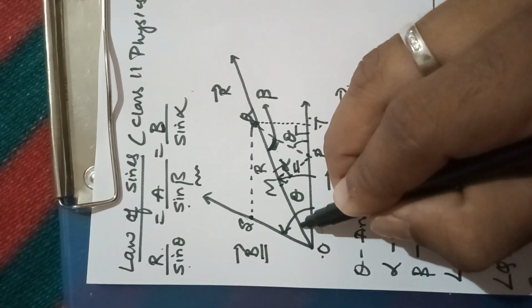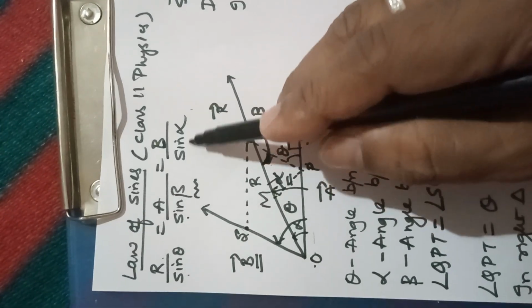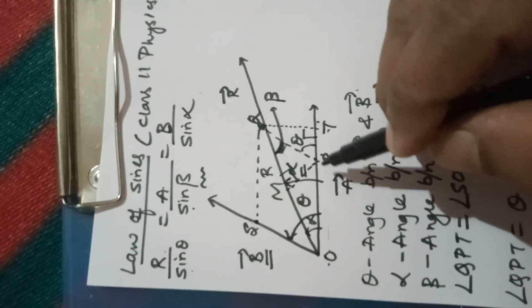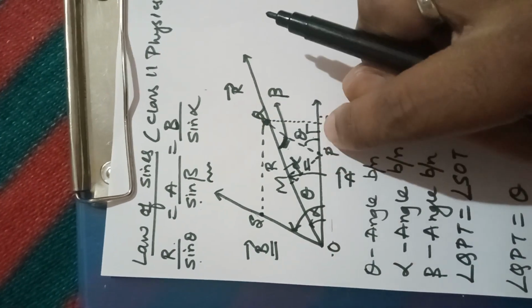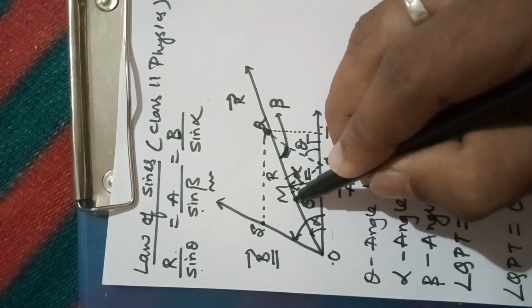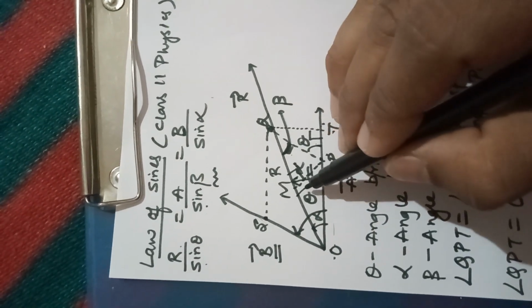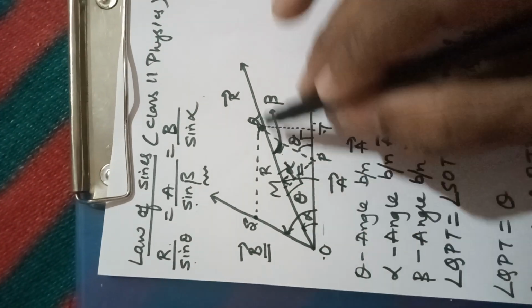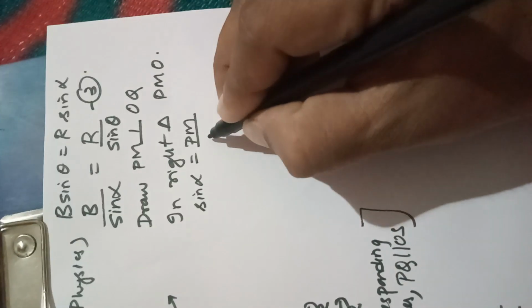In fact, this angle is the same as this angle, alpha. Let's use sine alpha. Sine alpha, in general, is the side opposite to angle alpha, PM, by the hypotenuse. In triangle PMO, OP will be the hypotenuse, as it is opposite to the right angle OMP. How is this 90 degrees? I already told you, we drew PM perpendicular to OQ. So the hypotenuse is OP.